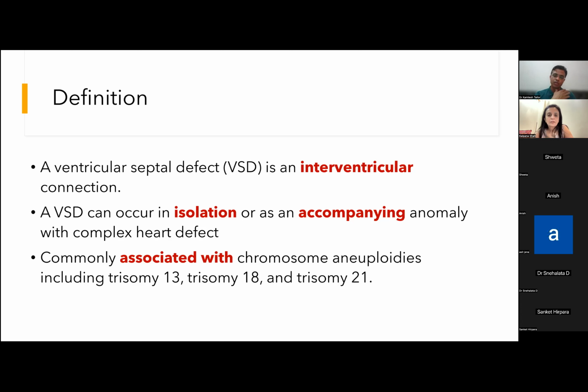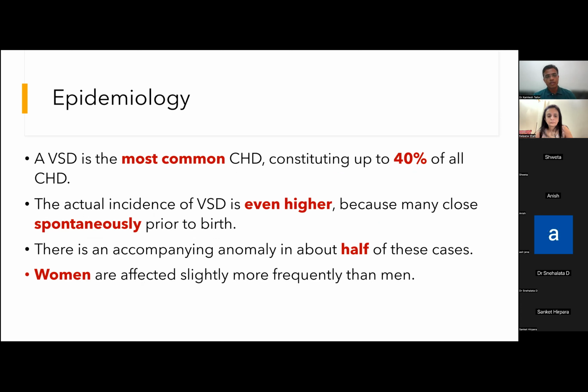So sometimes it is usually associated, especially with Down syndrome also. VSD is the most common acyanotic congenital heart disease, constituting almost 40% of CHD.